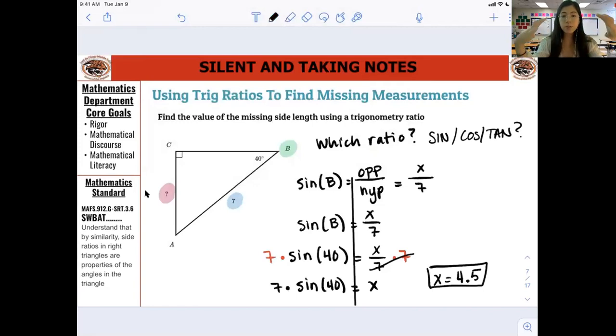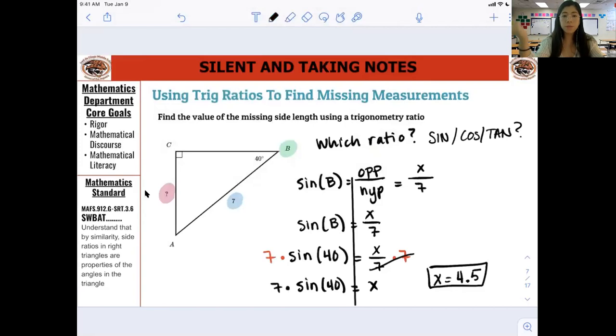With every single question that you get that looks like this, step 1, figure out which ratio you want to use. Step 2, fill in all the information you know. Step 3, use algebra to solve for x. That's all it is. It's 3 steps. Figure out the ratio, put all of your information into the ratio, solve for x.